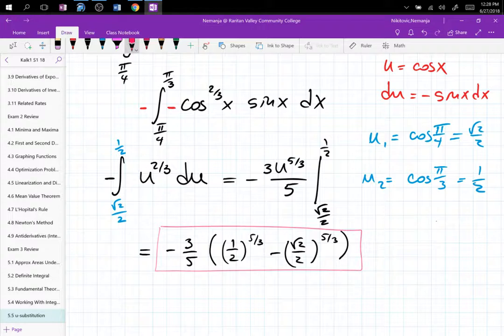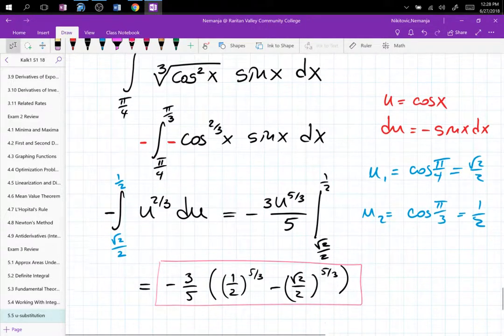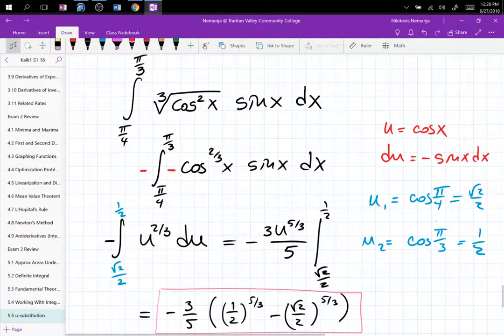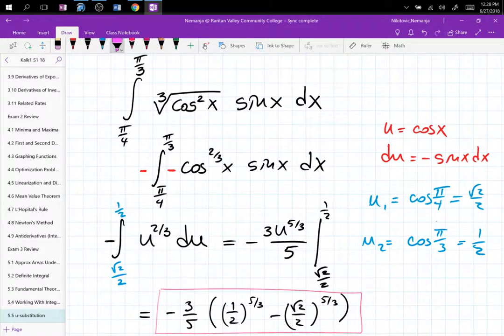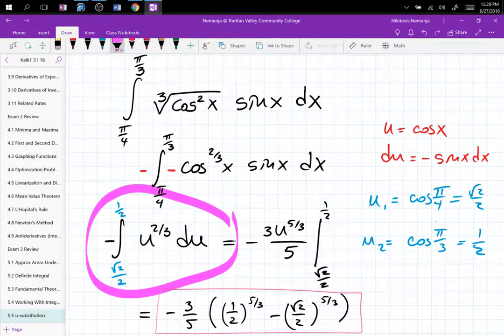That's the exact answer. So when you're looking at this problem, you are starting with trigonometry, with the cube root and pi limits and all of that kind of stuff, just to condense into this, which is polynomial-like.